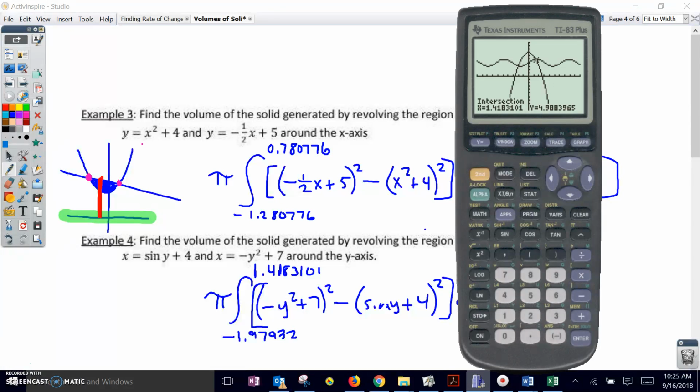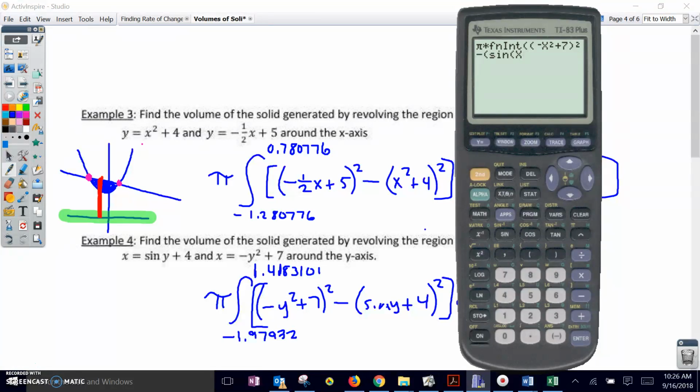And so I'm going to go ahead and calculate that. So I've got pi times the integral of the quantity. And again, when I type this into my calculator, I'm going to have x's inside my integrand because my calculator just automatically uses x as its variable.